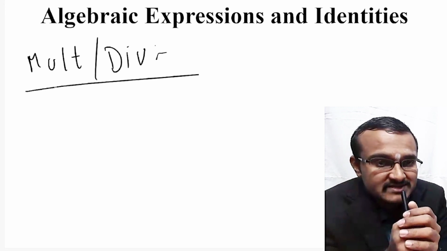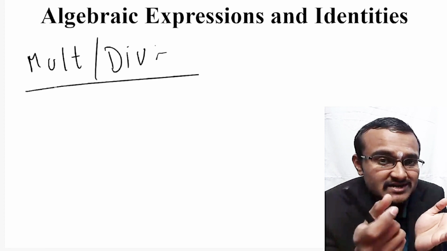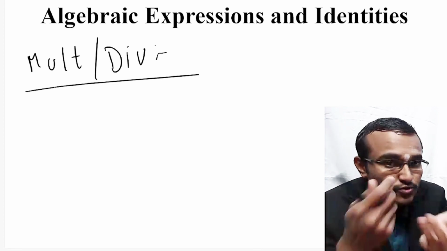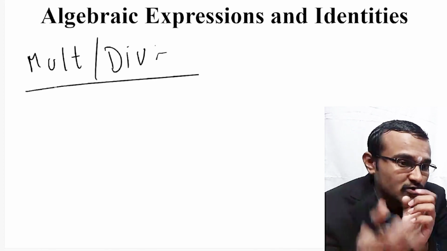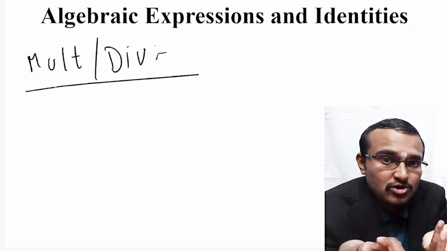For example, if you have 7x and 5y, you cannot say 7 plus 5 is 12, because what is x plus y? You don't know what x is because you don't know what y is. So you cannot take x and y as common at all.